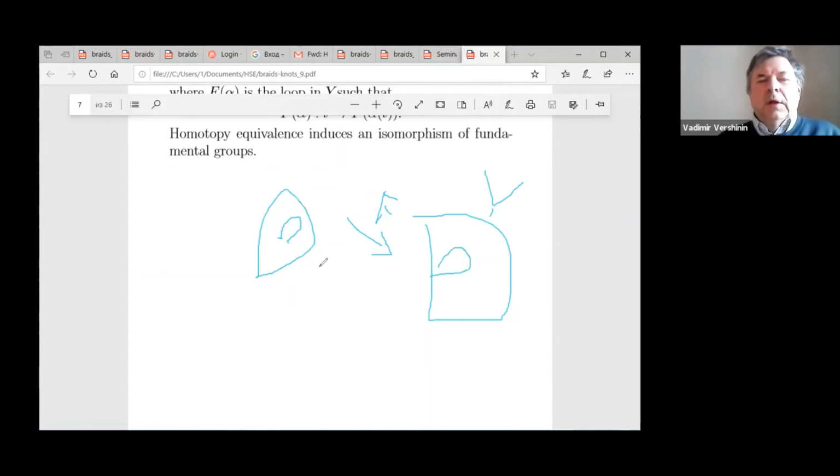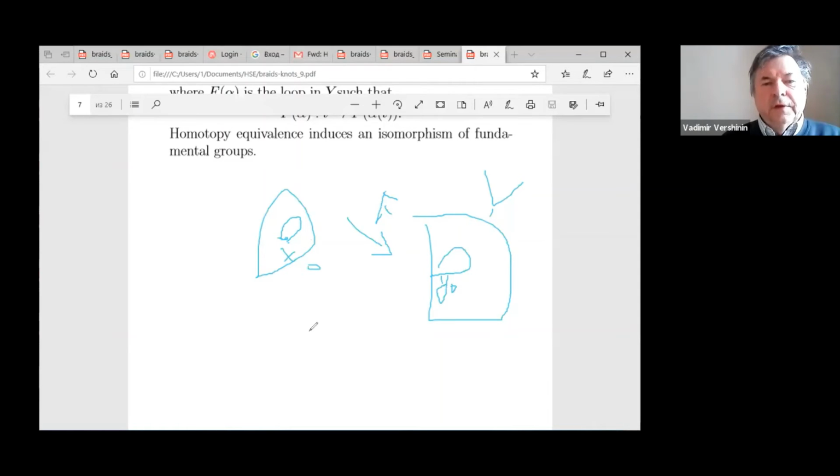And everything is okay up to homotopy. You see that then the fundamental group maps from the space X, but be careful with fixed points.